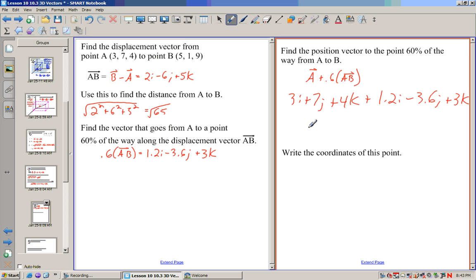And now we add the i's, 4.2i, add the j's, so that would be 3.4j, and add the k's to get 7k. Now the position vector is great because it can show us the coordinates of the point really easily. It would just be 4.2, comma 3.4, comma 7.